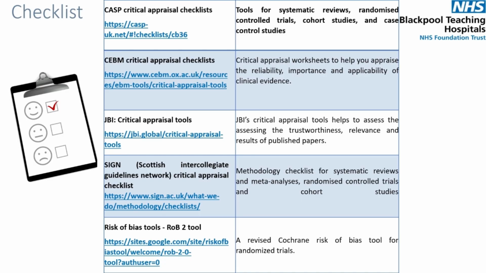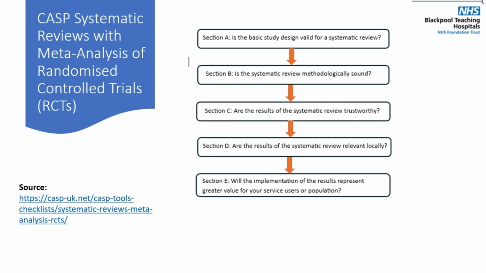Today, we will consider the systematic review with meta-analysis of randomized controlled trials checklist. This checklist has 5 sections with 10 questions across the sections. Section A is about the validity of the study design.